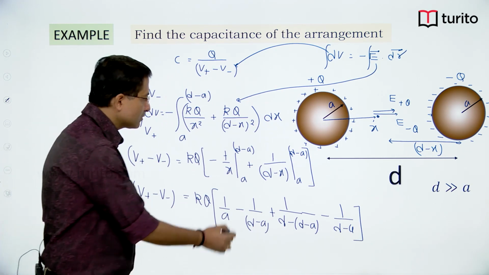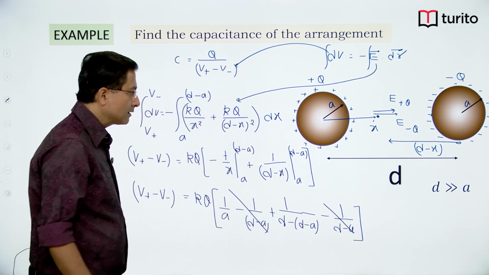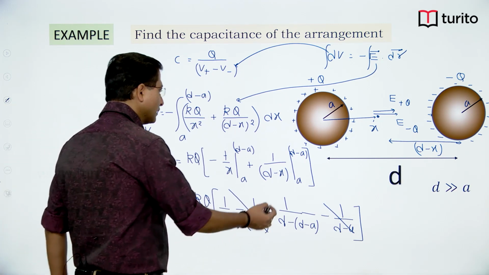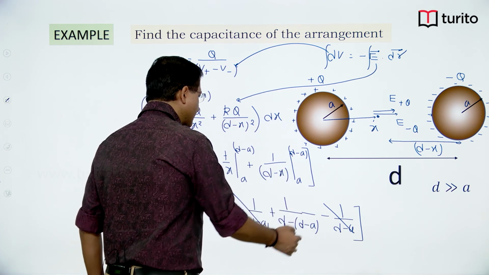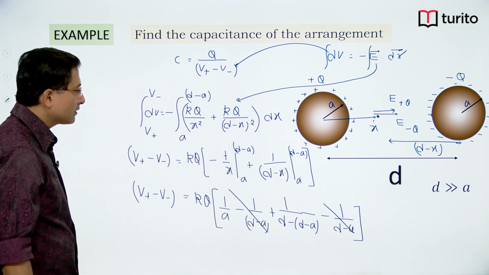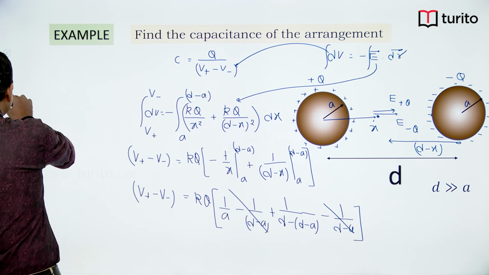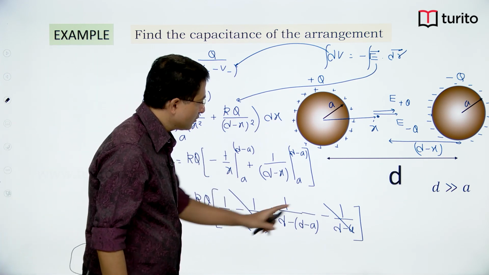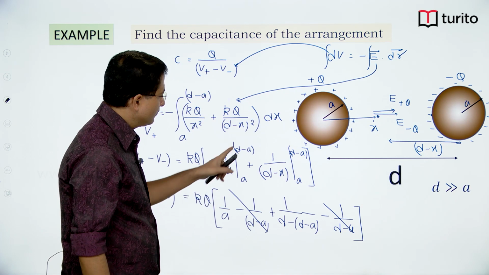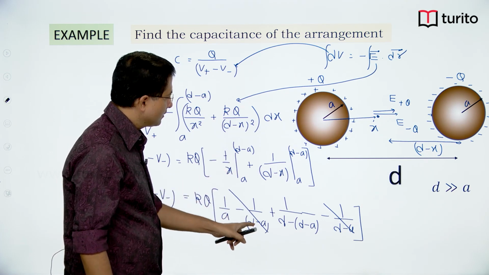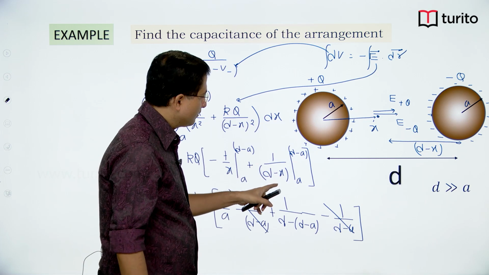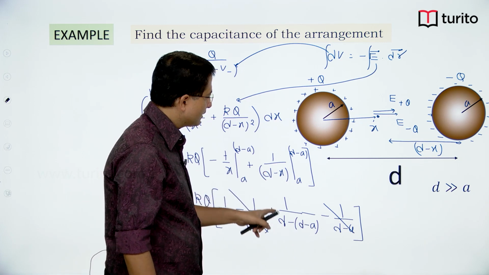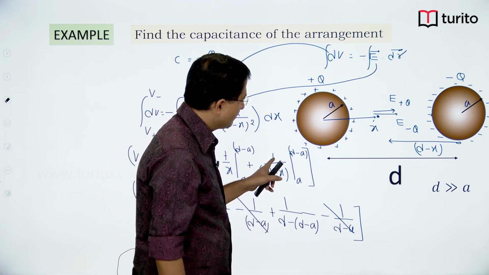Now, you can see that these two are getting cancelled out, and here in place of x we have written d minus x. I can simplify it further. So, these two terms got cancelled out, and here we have upper limit minus lower limit, and here upper limit minus lower limit. So, in place of x, this is d minus x and this one is d, and then minus lower limit.